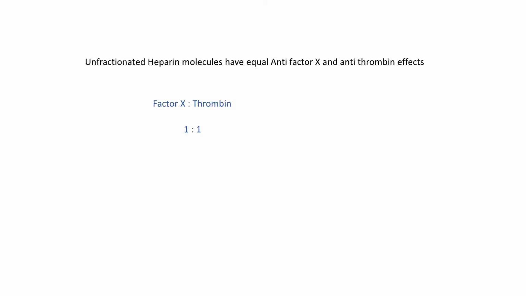In unfractionated heparin, all molecules have enough length, so all heparin molecules that inactivate factor 10 can also bind and inactivate thrombin. So the ratio of anti-factor 10 and antithrombin effect in case of unfractionated heparin is 1 to 1.